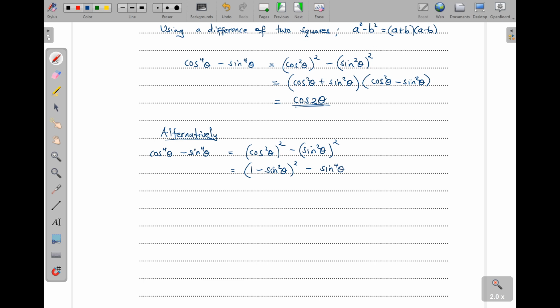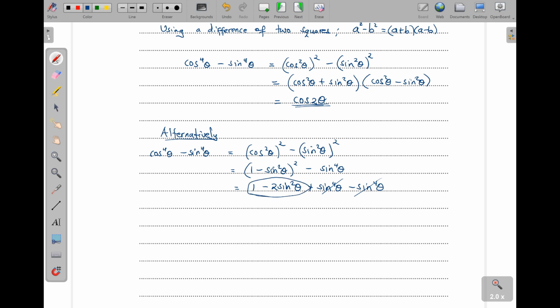Now when I open brackets, I square the 1, so that will be 1, then 2 times 1 times negative sin²θ gives minus 2 sin²θ. Then square this one, it gives sin⁴θ, but remember there is minus sin⁴θ, so this cancels with this, and we have 1 minus 2 sin²θ.